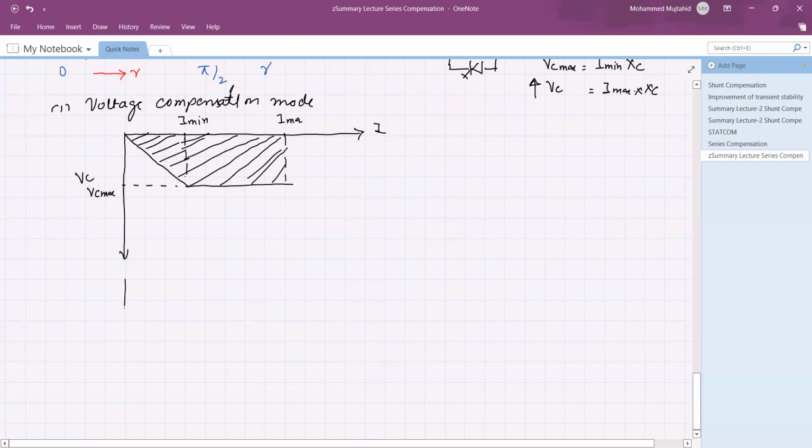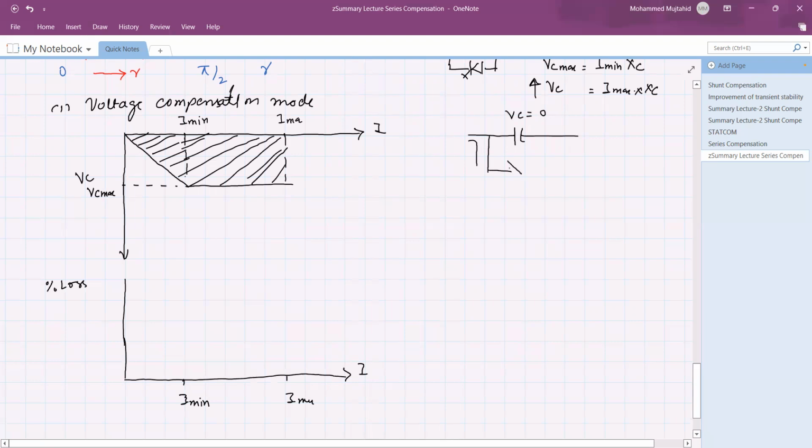Now we can draw the losses, percentage loss versus current. Same, this is the current I and this is the percentage loss. This is the value of minimum current, I minimum, and this is the value of I maximum. Under such condition, when the voltage across capacitor is 0, again, this is very interesting. This is VC equal to 0. When VC is equal to 0, the current is diverted through the closed switch.